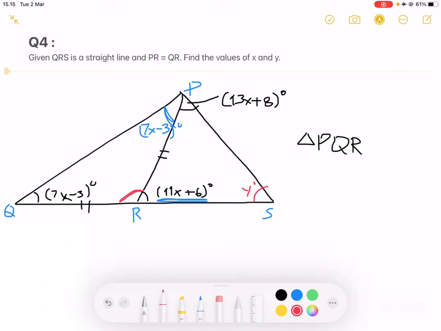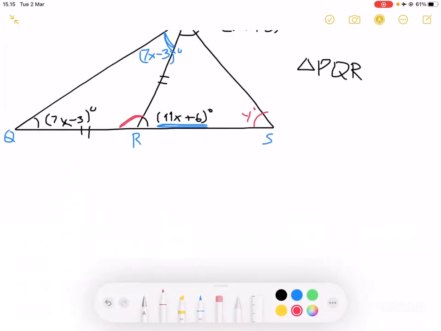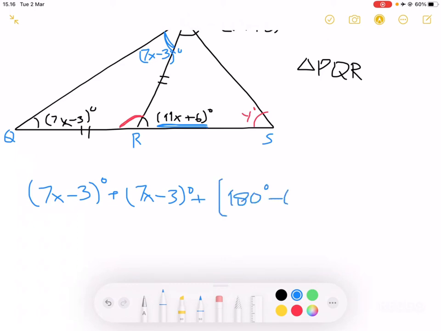So since we know the sum of all angles in a triangle is 180 degrees, we can form an equation like so. So we have 7x minus 3 degrees plus 7x minus 3 degrees plus 180 degrees minus 11x plus 6 degrees is equal to 180 degrees.